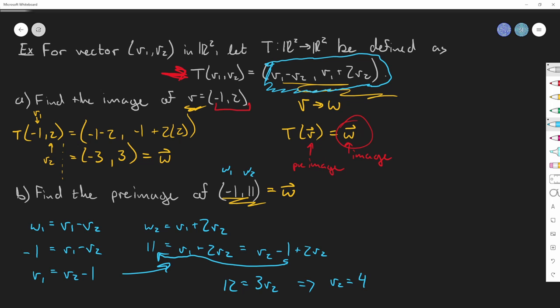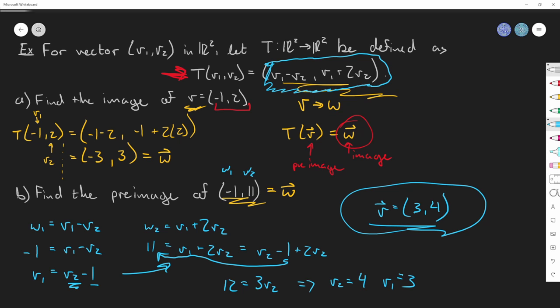That means v1 is equal to 4 minus 1, which is 3. So our pre-image is (3, 4), because that's our v1, v2, and that's our answer. That's the answer for part B, and this is the answer for part A.